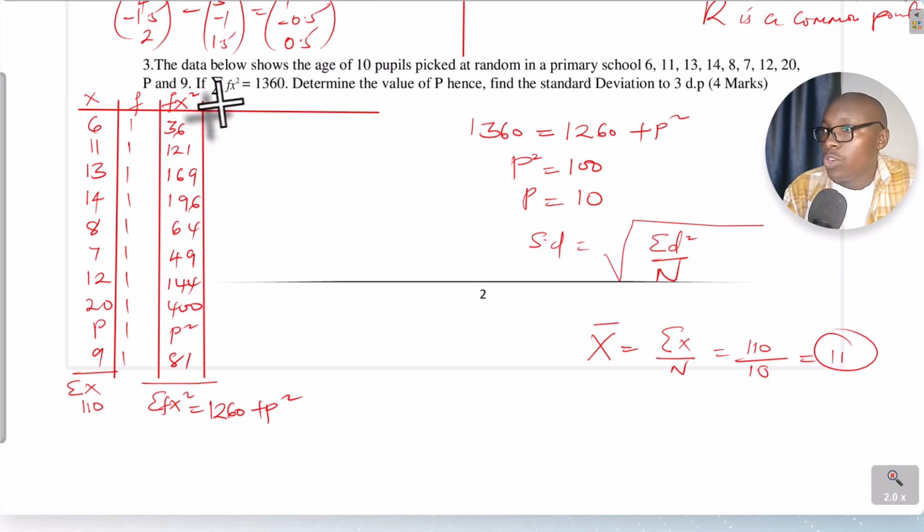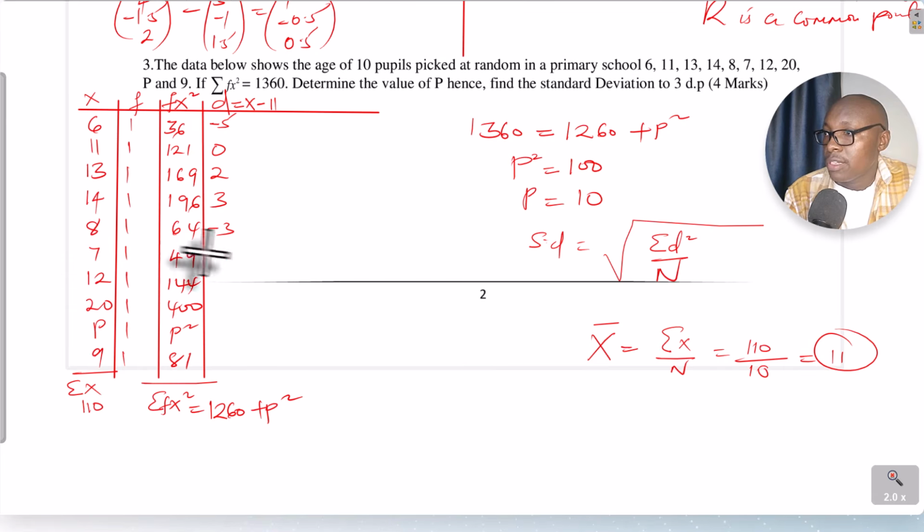So now we want to get the deviation from the mean. The deviation from the mean is x subtract the mean, which is 11. So you simply take 6 subtract 11, that is minus 5. 11 minus 11 is 0. 13 minus 11 is 2. 14 minus 11 is 3. 8 minus 11 is negative 3.